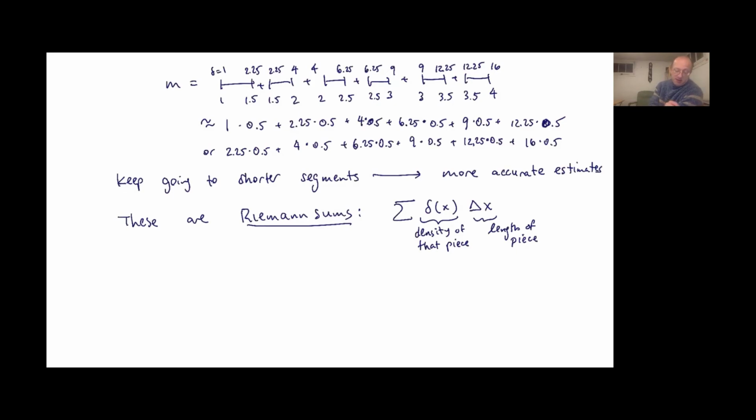If we kept going forever to a limit, then two things would happen. Our estimates would give us perfect accuracy. We would get the exact answer. And the other thing that would happen is that these Riemann sums would approach an integral.